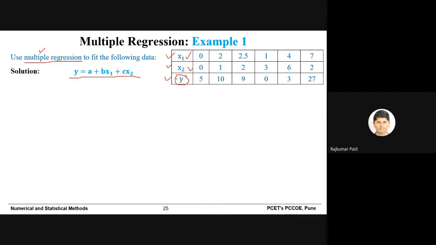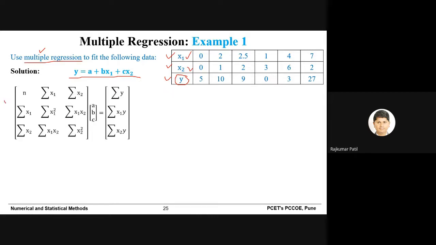And once this is the case, then this is the matrix that you have to use and find out the unknown coefficients A, B and C. And once you put those values in this equation, you will get the required equation for y.